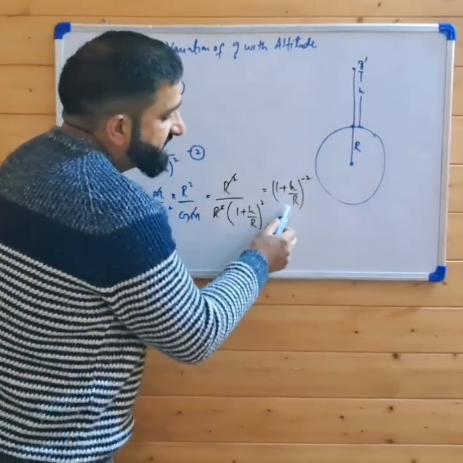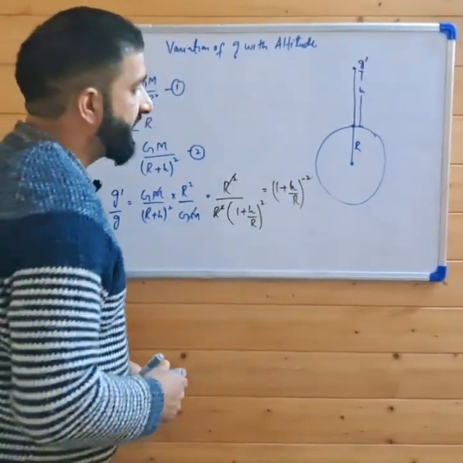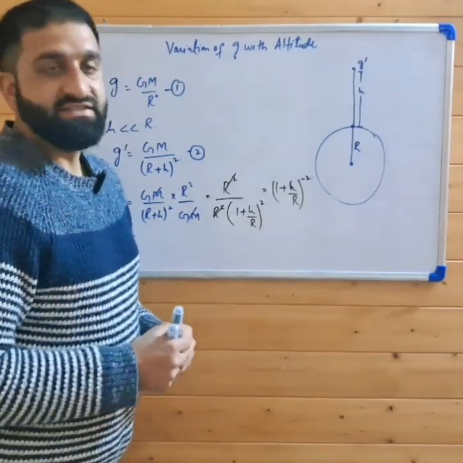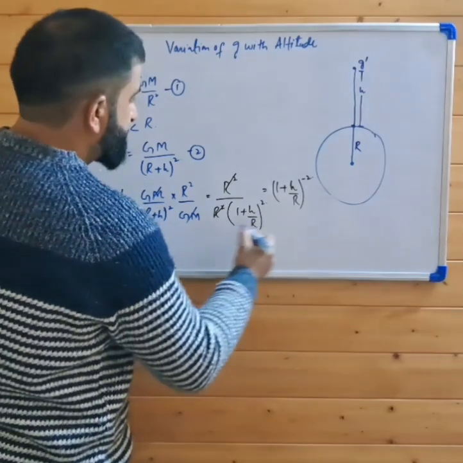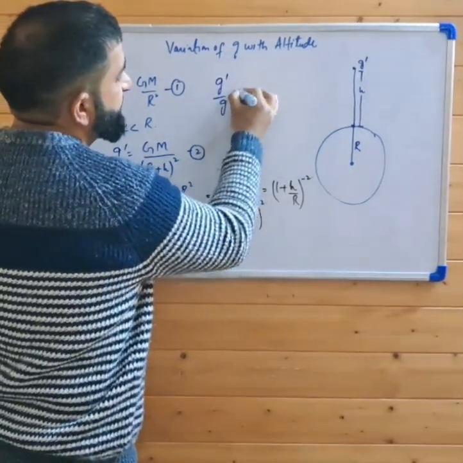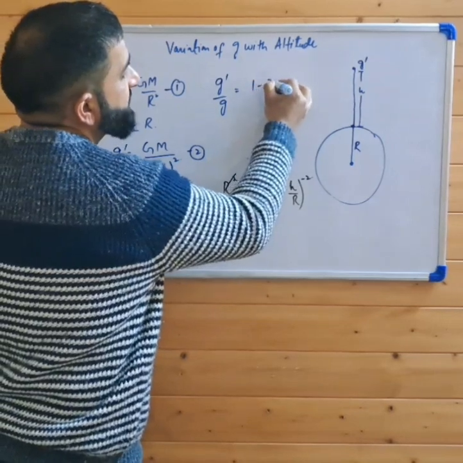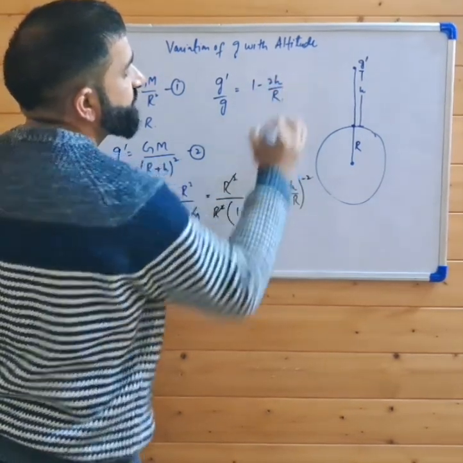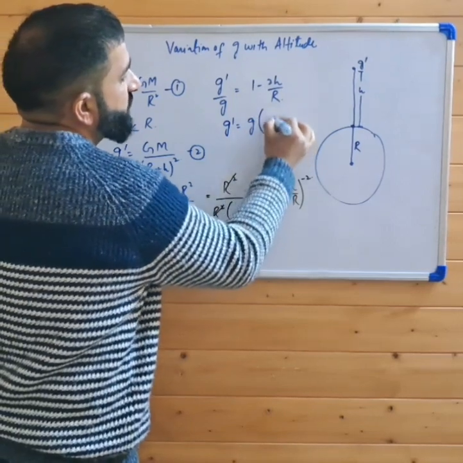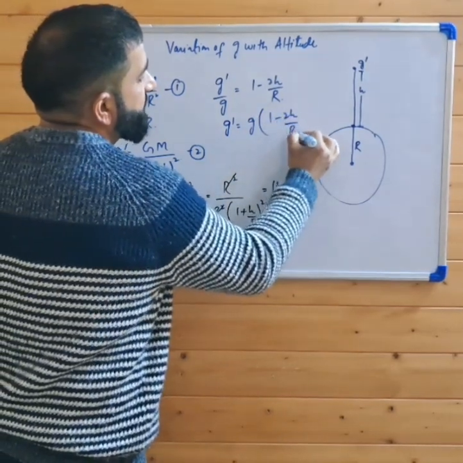When we expand this by binomial theorem and neglect the higher powers, because the value of the higher powers is less, we can show that g dash divided by g is equal to 1 minus 2h divided by r. So g dash is equal to g into 1 minus 2h divided by r.